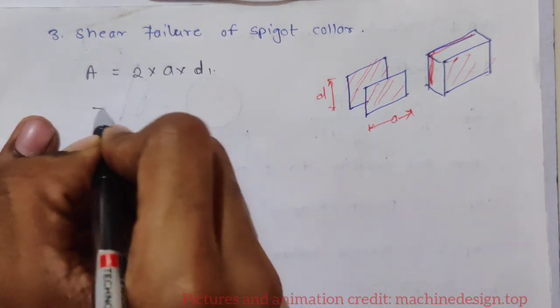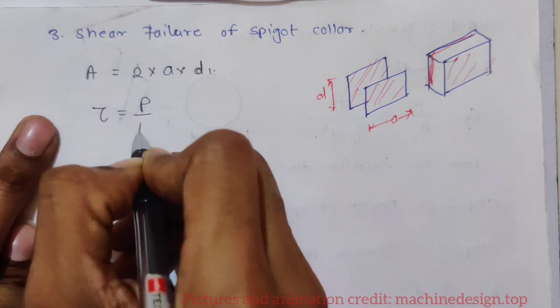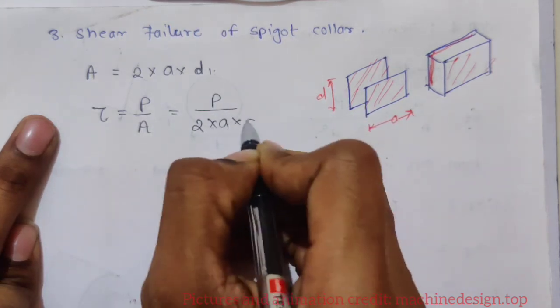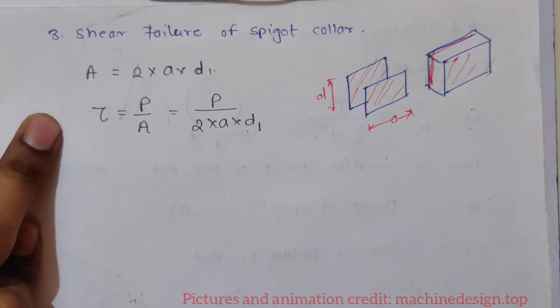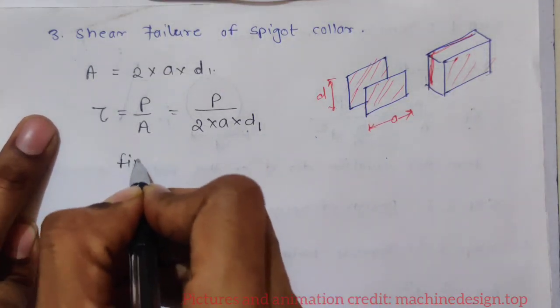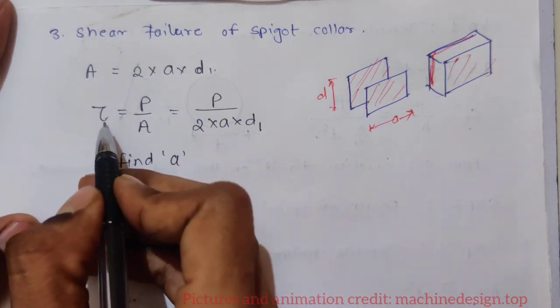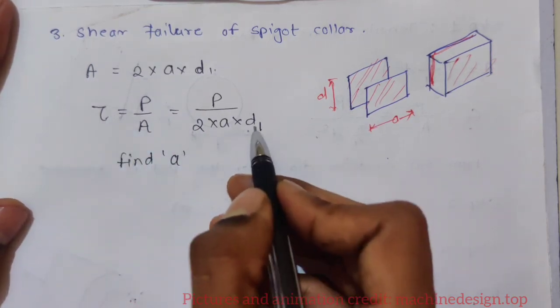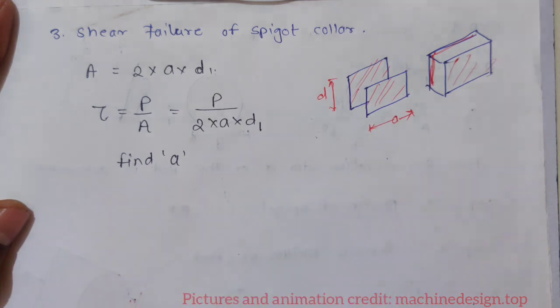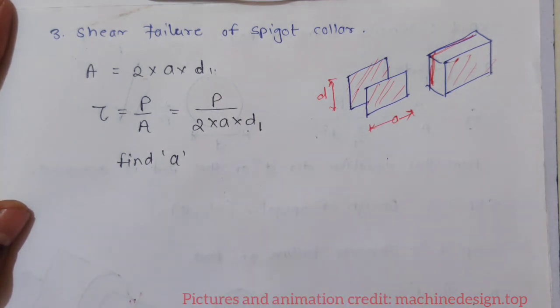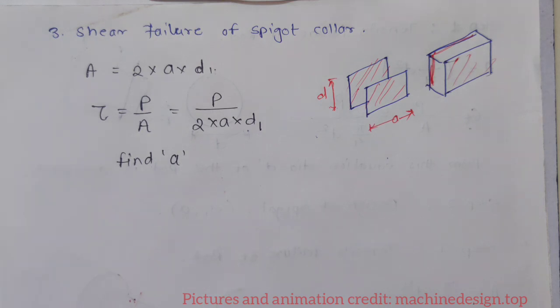Shear stress is equal to P by A, is equal to P upon 2 into A into D1. So from this equation you can find A. Stress we can find using the permissible shear stress. D1 we already found, P is given in the question, so we can find A. Okay, so we are done with the spigot, so we can move to the spigot collar.